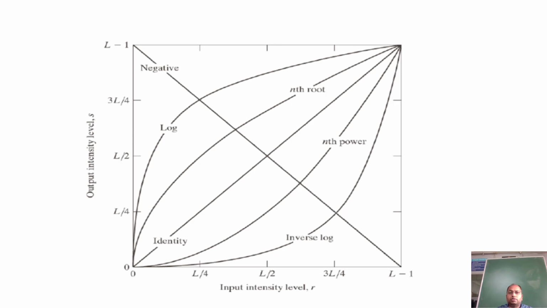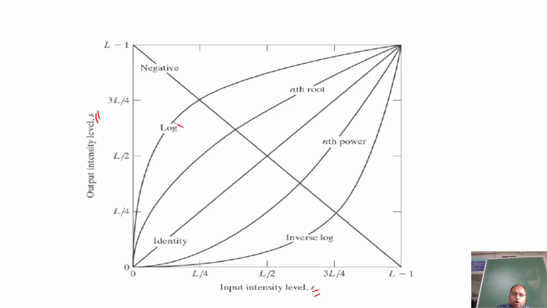I hope we had a discussion about this figure in the previous lecture itself. Remember that this is a basic graph, or mapping, of the input image intensities and output image intensities. Input image intensities are r, and output image intensities are s.